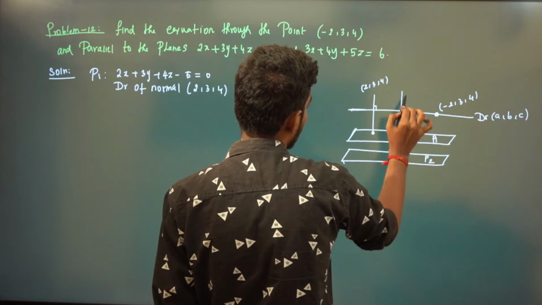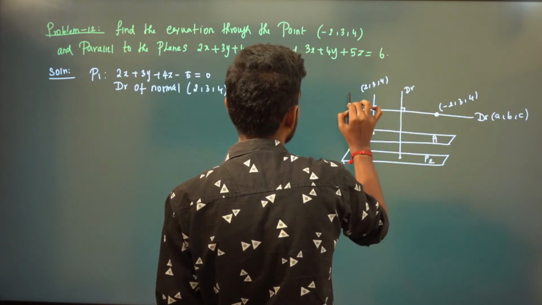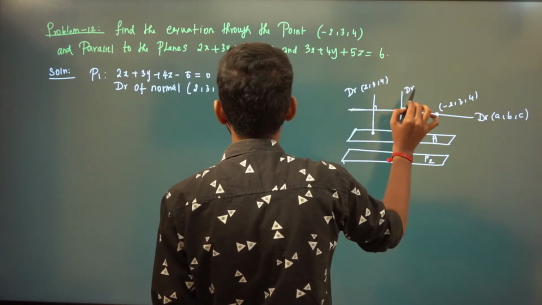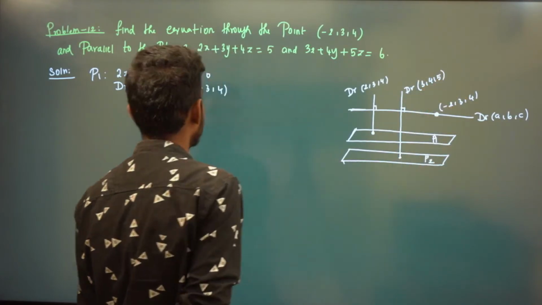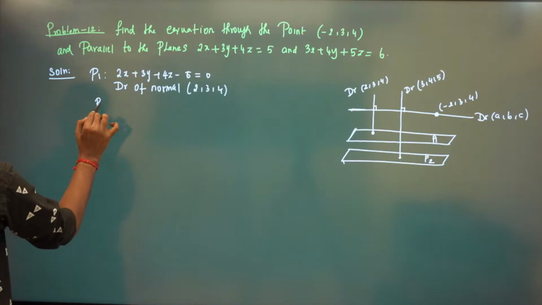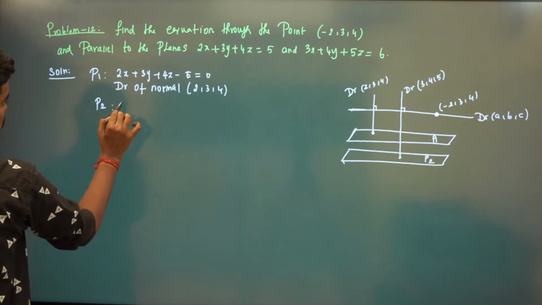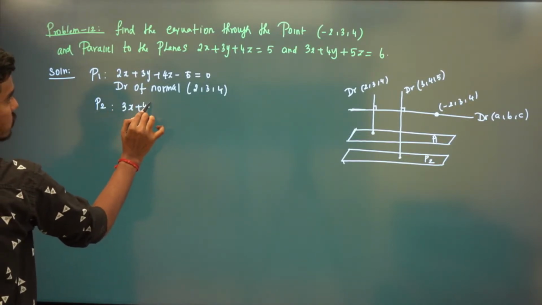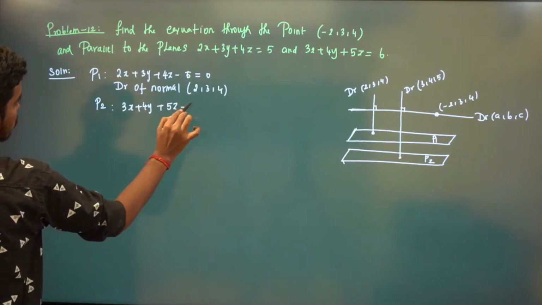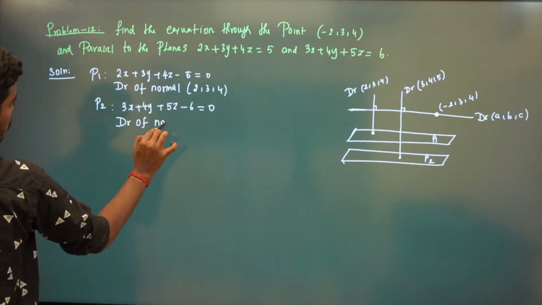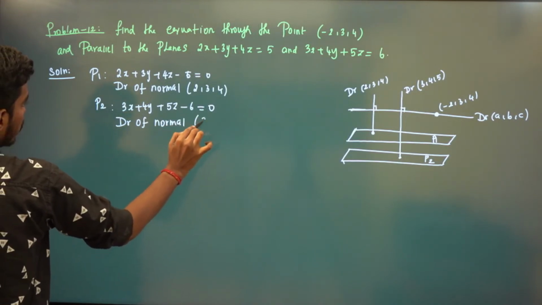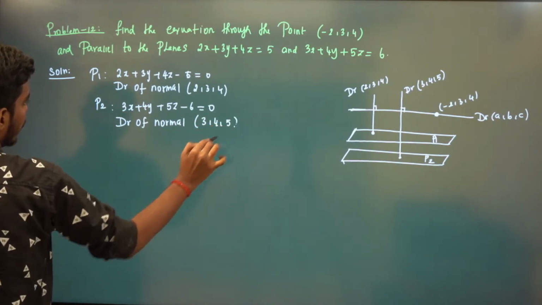And we have P2, which has direction ratio 3 comma 4 comma 5. What about the direction ratio of the normal to this plane? It is 3 comma 4 comma 5.